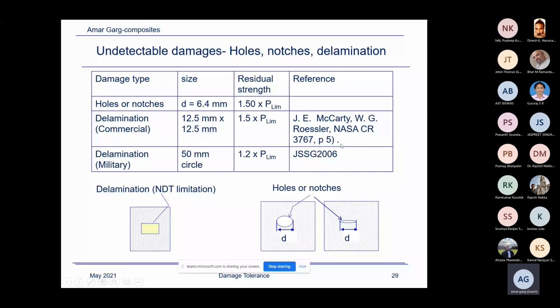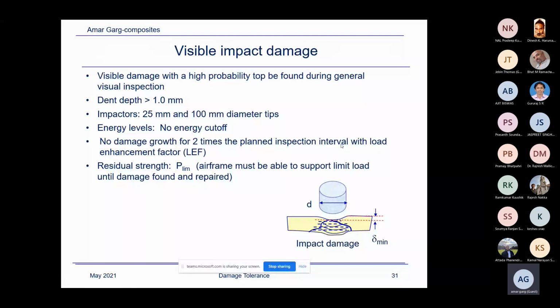Surface scratch, I have visible impact damage criteria, which is defined by the dent depth of at least a millimeter. Over a millimeter, it becomes visible, and there's no energy cutoff when you are trying to generate this visible impact damage. The residual strength limit is P limit, to support the limit load carrying capability.